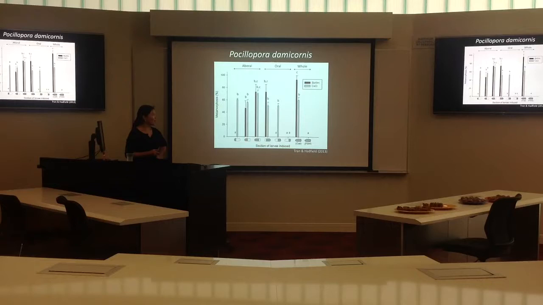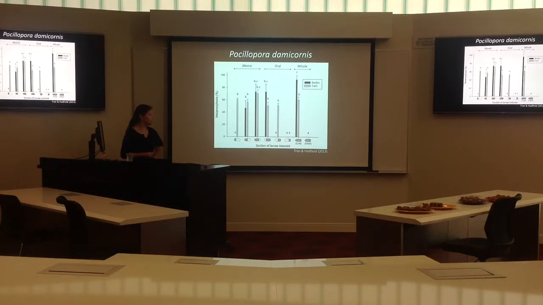And going back to this artificial inducer here, I want to walk you through that as well, because it's pretty important. The artificial inducer induced whole larvae to metamorphose, and it induced a lot of the aboral sections to metamorphose, as well as these oral sections.